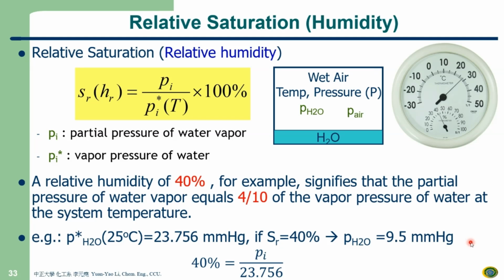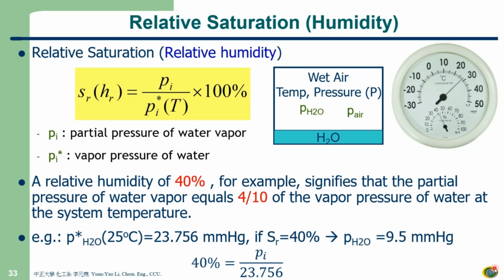Okay? And also, you know the fraction. If I ask you to tell me the molar fraction of water in the gas phase, can you tell me this? Yes, you can. Why? Because you use the Dalton equation. You have the partial pressure and total pressure, right? The total pressure is 1 atm, for example. So you know the molar fraction of the water in the gas phase.